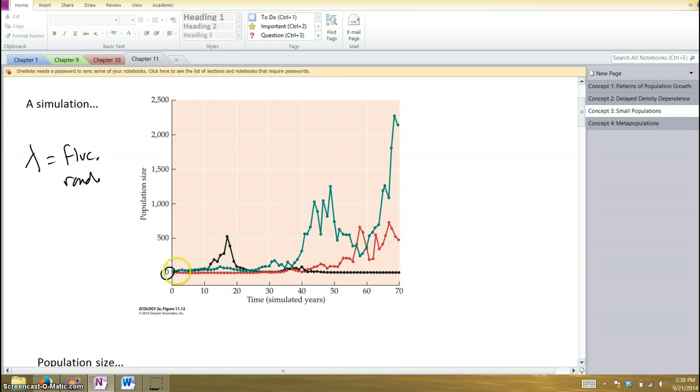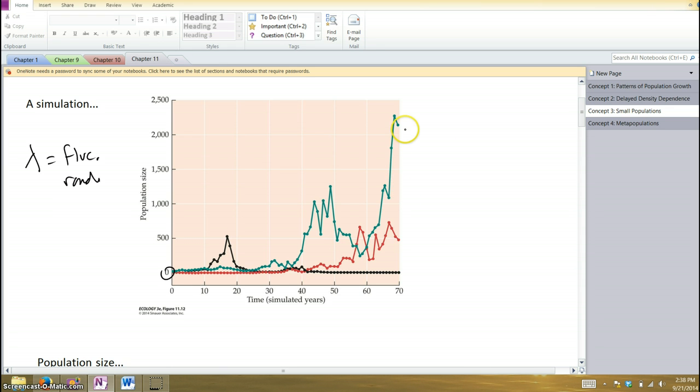So what can happen is, as you can see, the black dots represent one population that at first started to grow, but then it went through a series of years where lambda was negative and it shrank. It hung on for a little while, but then it essentially went extinct, while the other two populations managed to just hang on at first and then grow and reach a higher level.